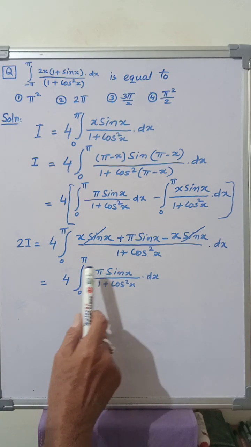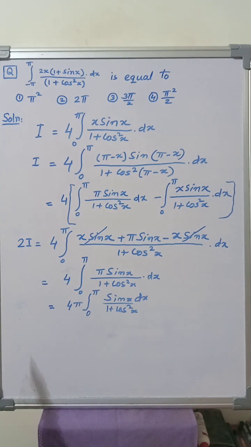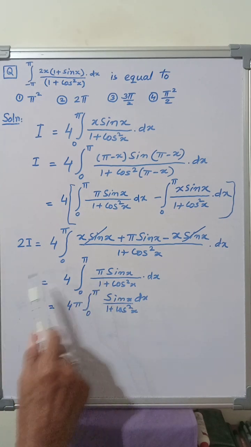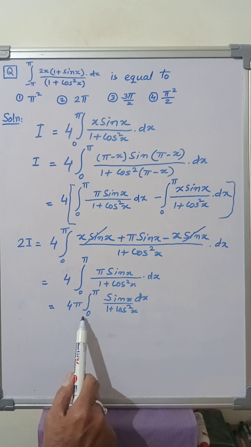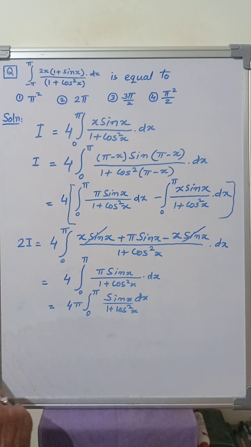Now this pi also can be taken out. Therefore we get 2I is equal to 4 pi into integration between limits 0 to pi sin x dx divided by 1 plus cos square x.